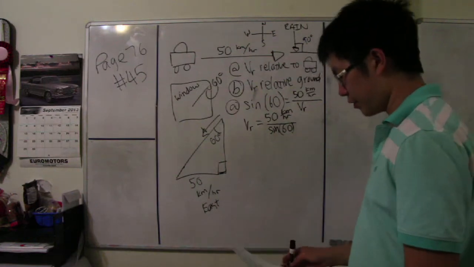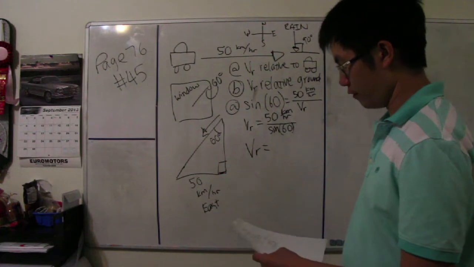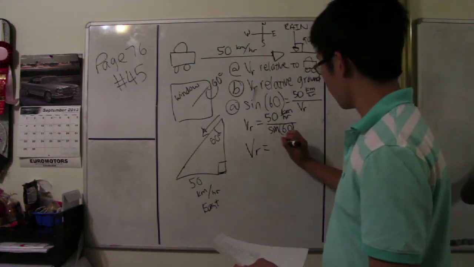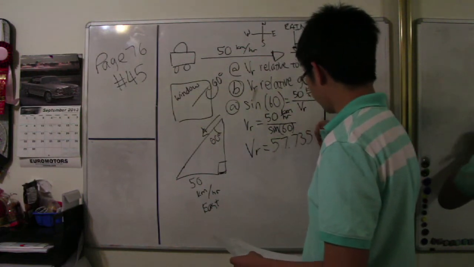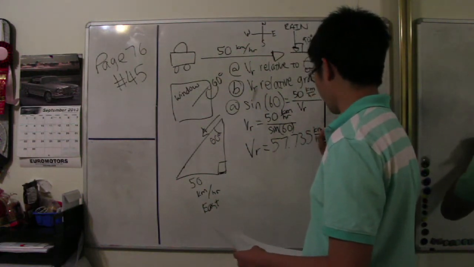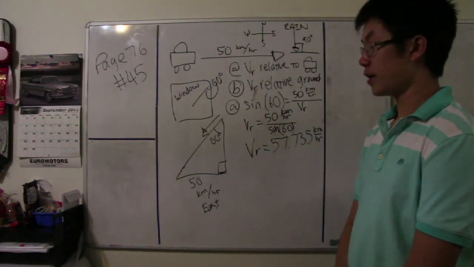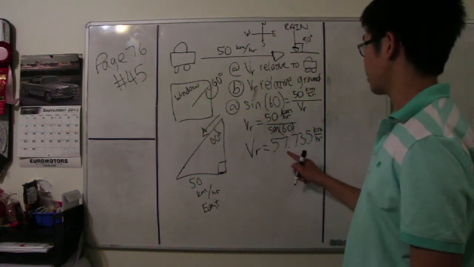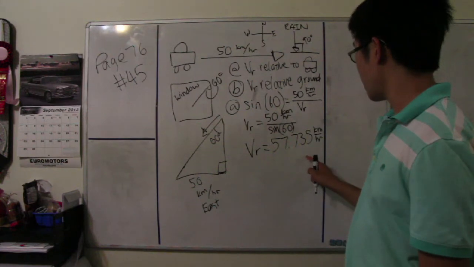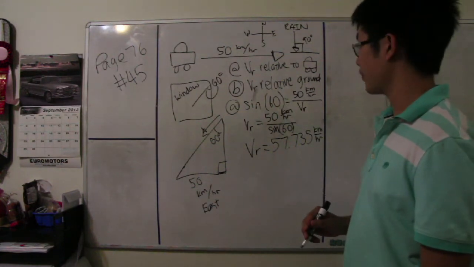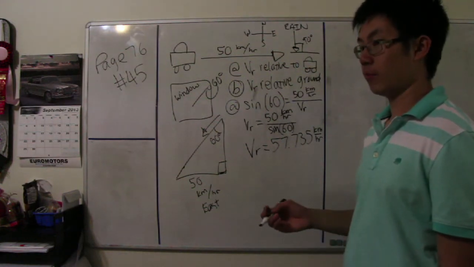Now when you put that into the calculator, you get a reading of 57.735 kilometers per hour. Now we want our units for velocity to be in meters per second. So we're going to multiply this by 1,000 to convert it to meters, and then divide by 60 to convert from hours to minutes, and then 60 again from minutes to seconds.